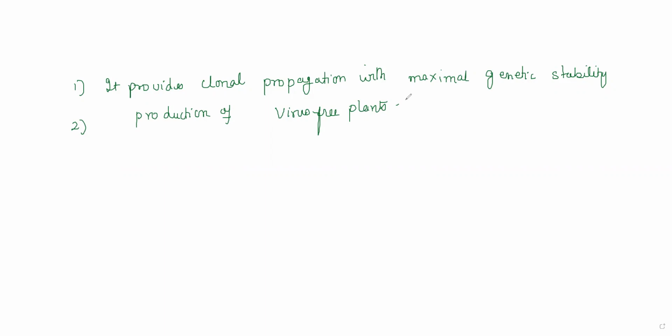See, the production of virus-free plants, because in an infected plant the meristems are typically either nearly or totally virus free.